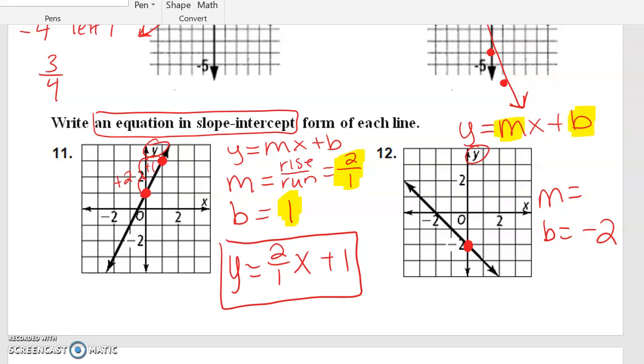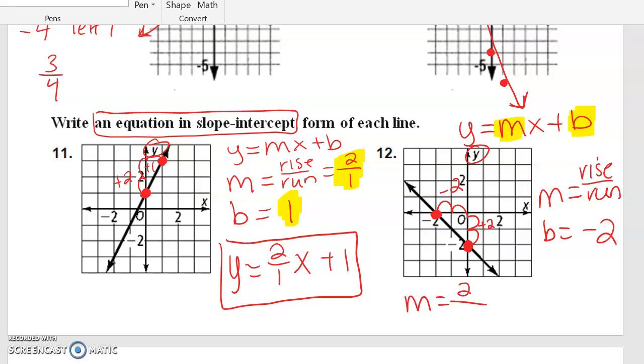Now our m value is our rise over our run. For me, it's easiest to highlight 2 points that I know cross through the line, and then I like to count my rise over my run. From one point to the next here, it looks like I have to go up 2 for my rise, and it looks like I have to go left 2 for my run.